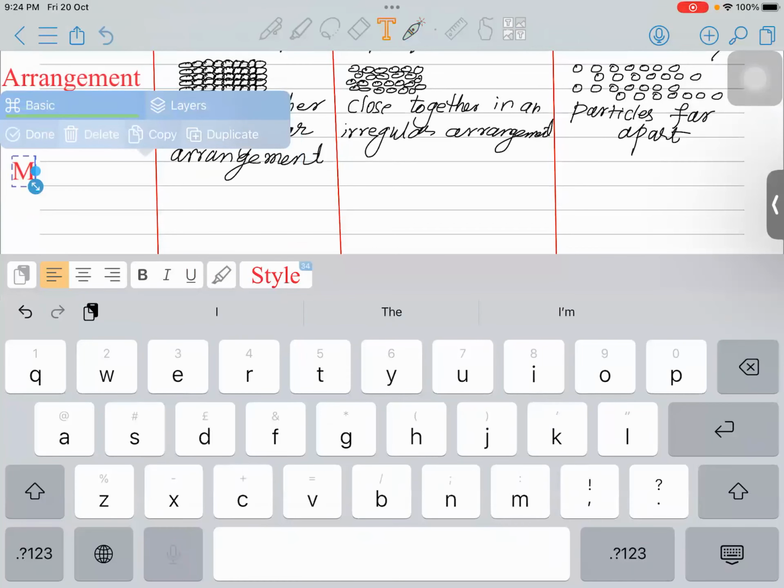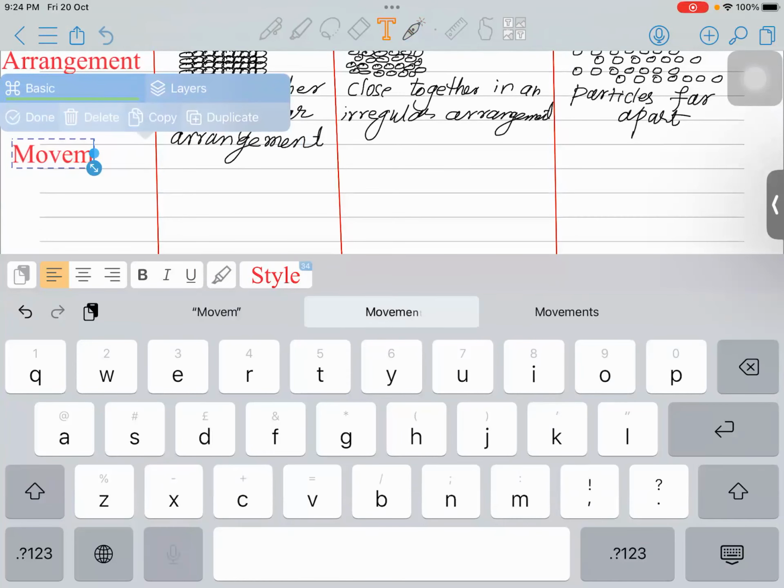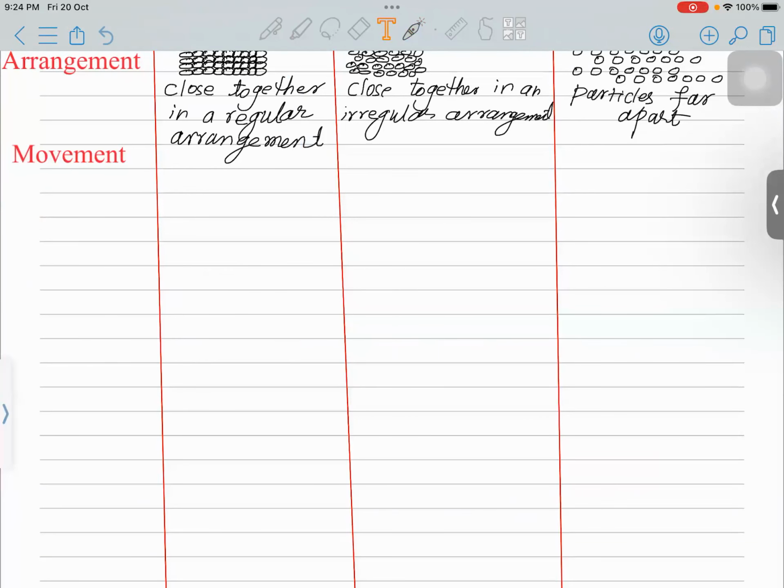Next is movement. You can see that solid particles vibrate and rotate. Vibrate means up and down.